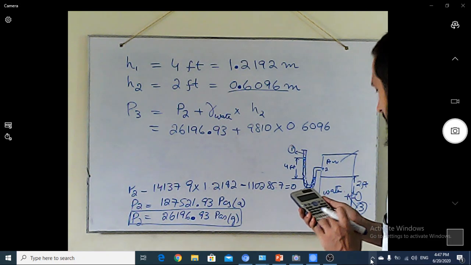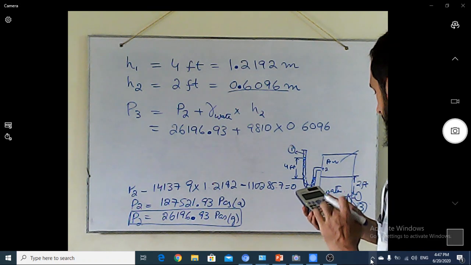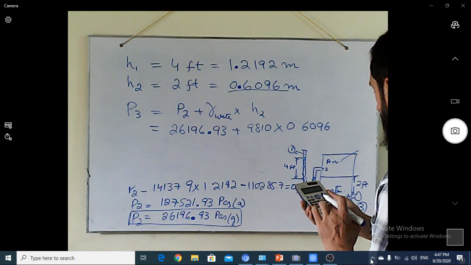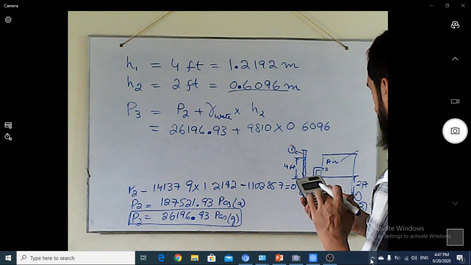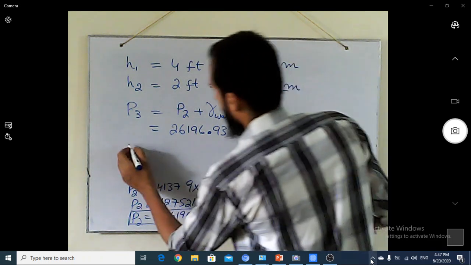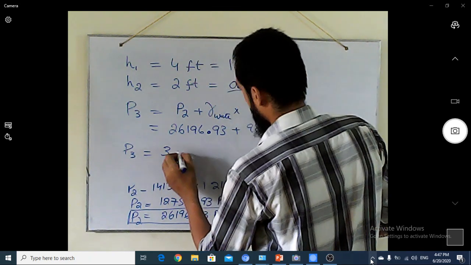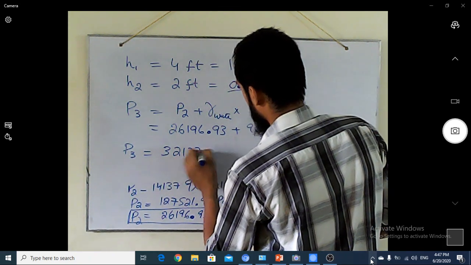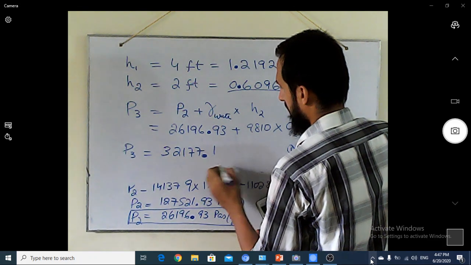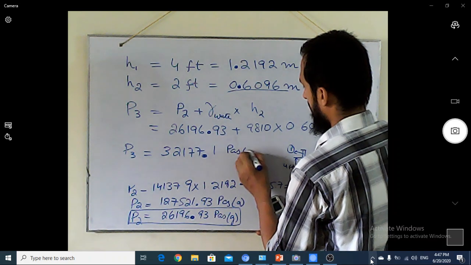So it will be equal to 26,196.93 plus 9810 multiplied by 0.6096. It will be equal to 32,177.1 Pascal, and it is in gauge form.